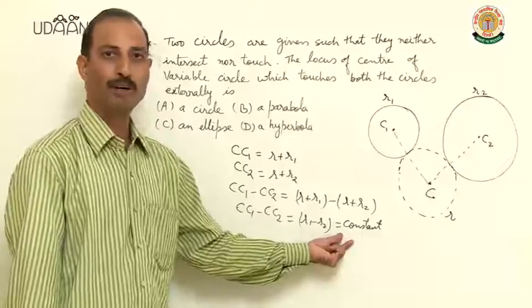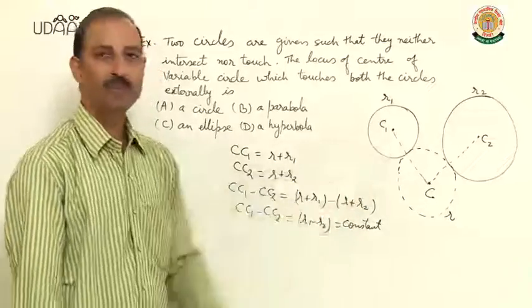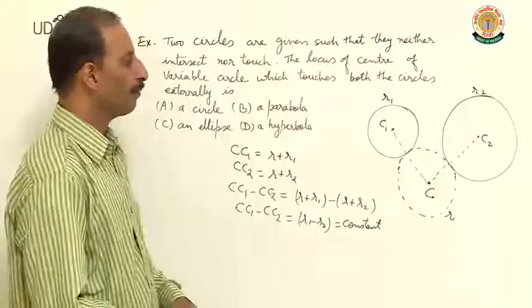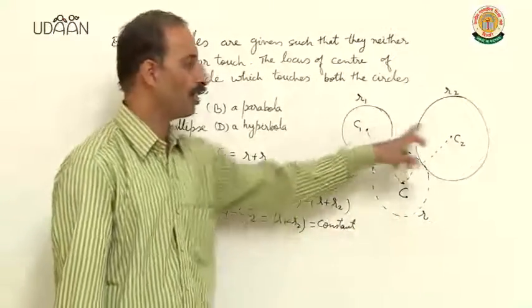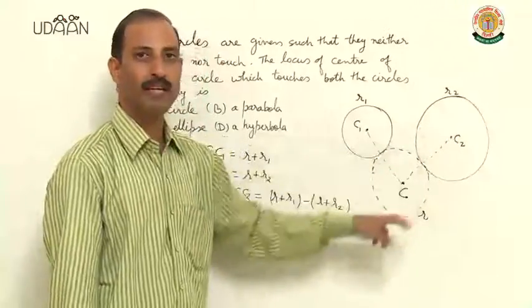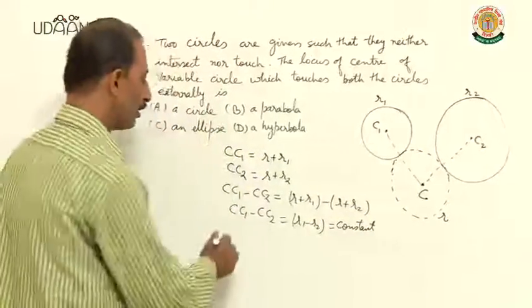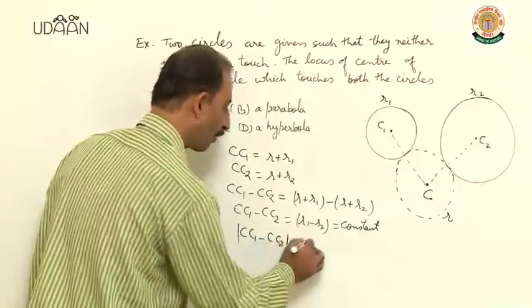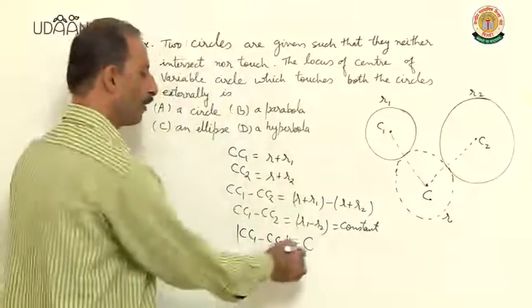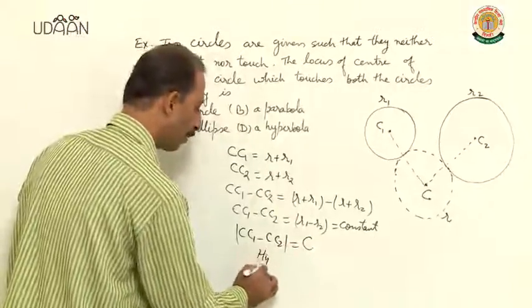Now you know, according to the first definition of the hyperbola, the locus of a point whose difference of distances from two fixed points remains constant is a hyperbola.